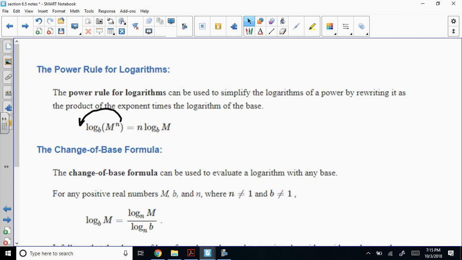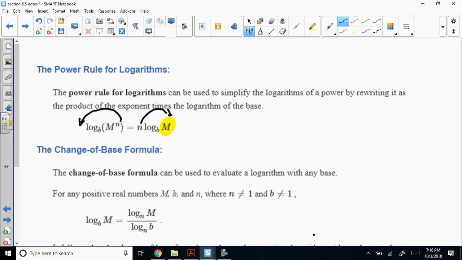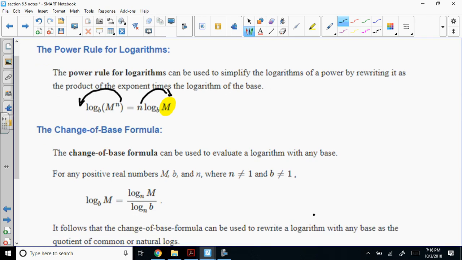There's a mathematical term for those, but I don't remember it. So it just goes out to the front, and vice versa. If you need to move it back up, then it can go back up here, right? Okay. Power rule. So we've got product, quotient, and power. Those are all on the back of your formula sheet. Okay.